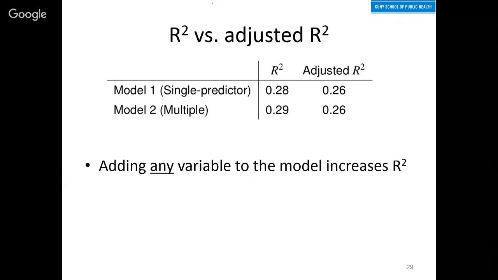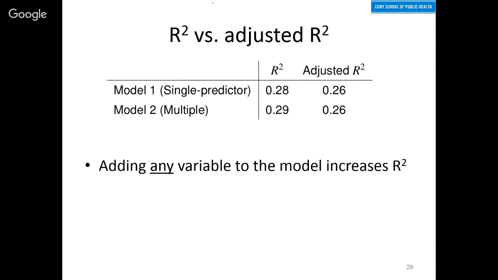So one problem that comes into this multiple R² value is that anytime you add another variable, that sum of squares column is always greater than 0, right?